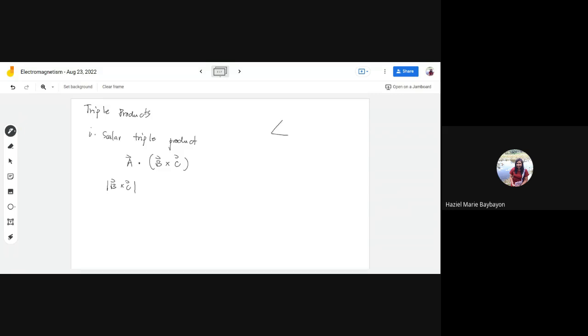Just like the parallelogram, but this time it is three-dimensional. You have a parallelepiped whose base has an area equal to the magnitude of B cross C.